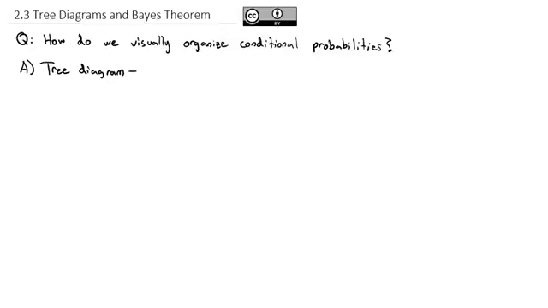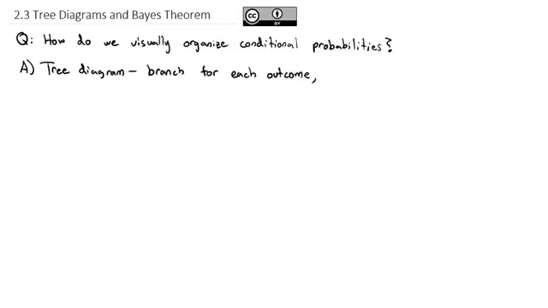A tree diagram basically has a branch for each outcome, and then each branch produces a conditional outcome from that outcome.